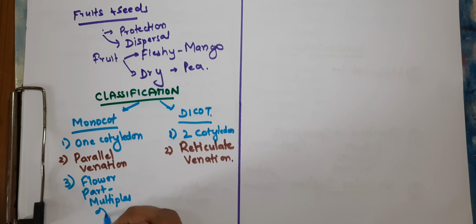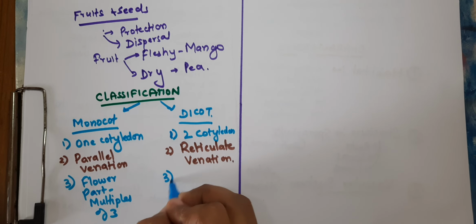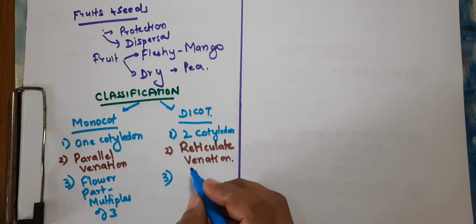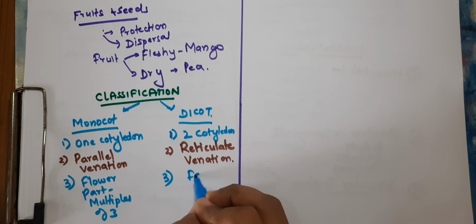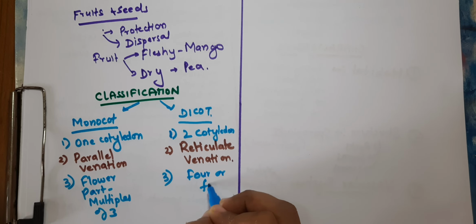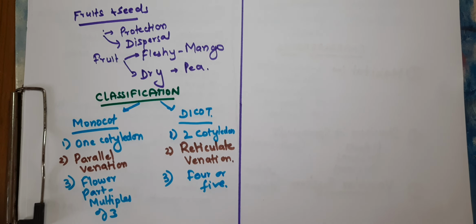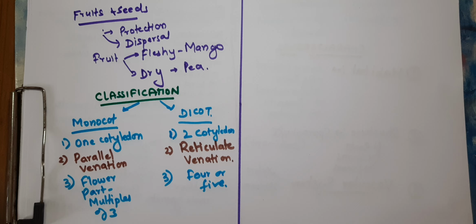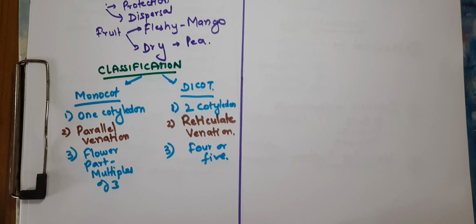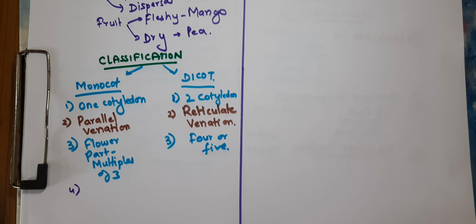Whereas in the dicots, they are in multiples of 4 or 5. The fourth difference between the monocot and the dicot is in the arrangement of the vascular bundles. The vascular bundles, VB, are scattered in the stem.